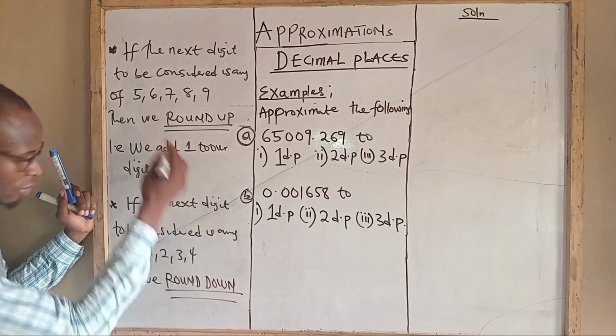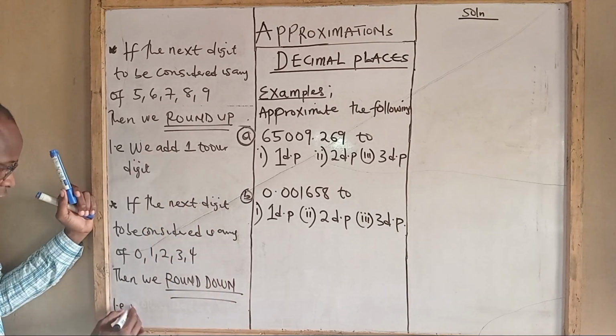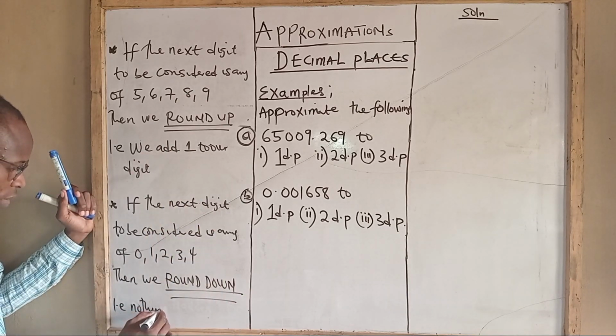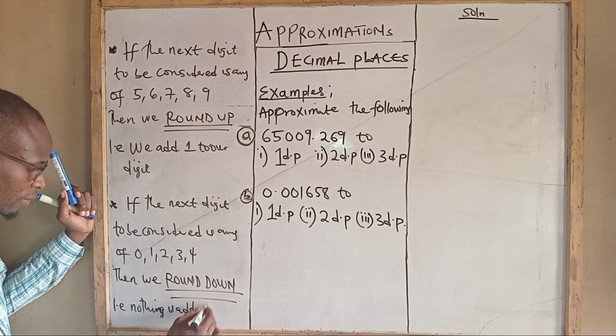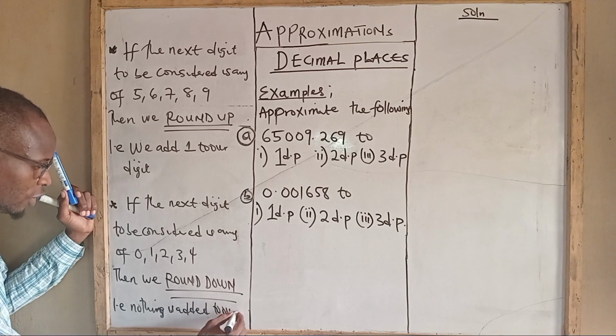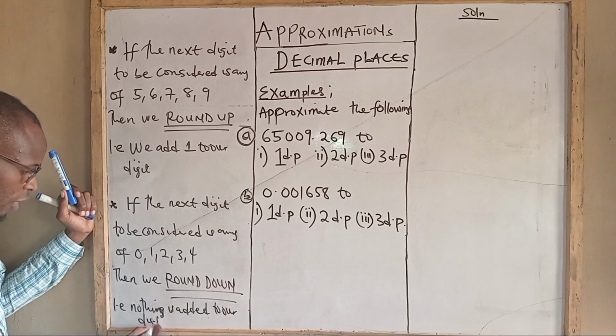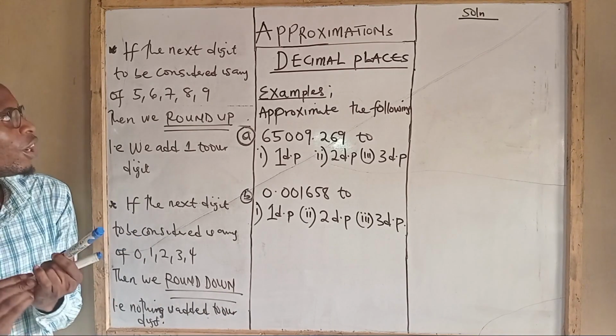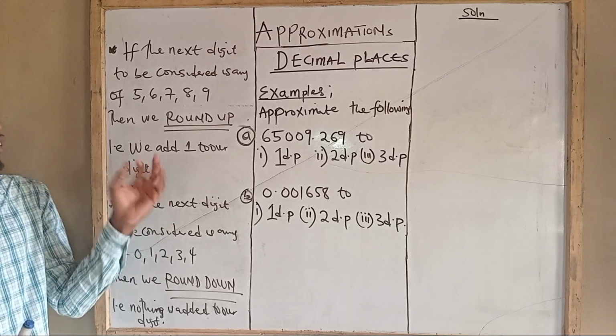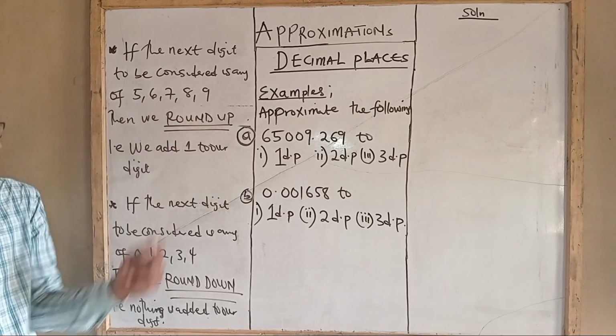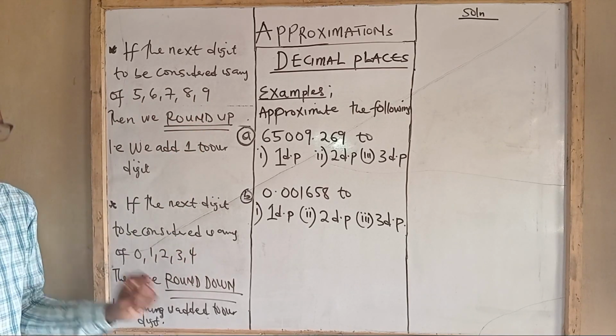Round down is the opposite of that, that is, nothing is added to our digit. So as simple as that. When the next digit to be considered is from 5 to 9, you round up. To be from 0 to 4, you round down.